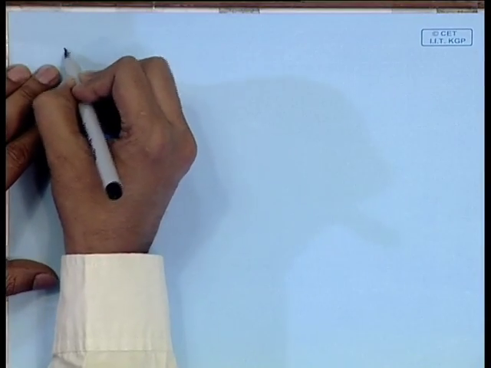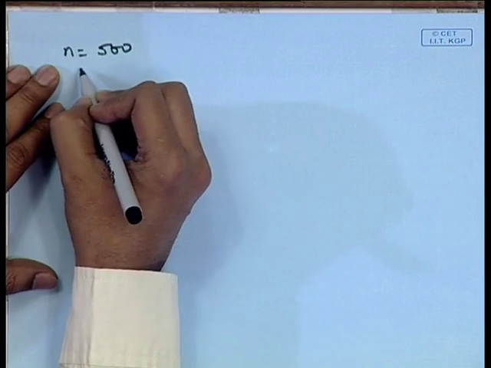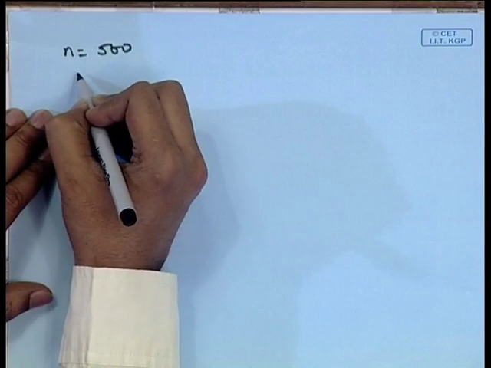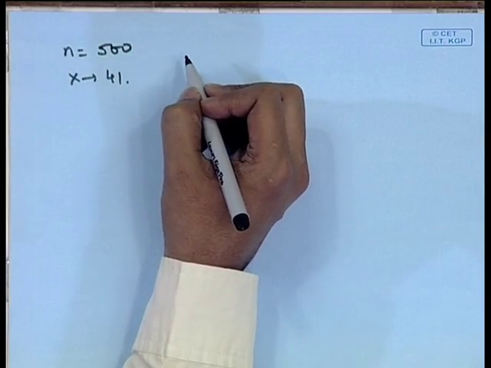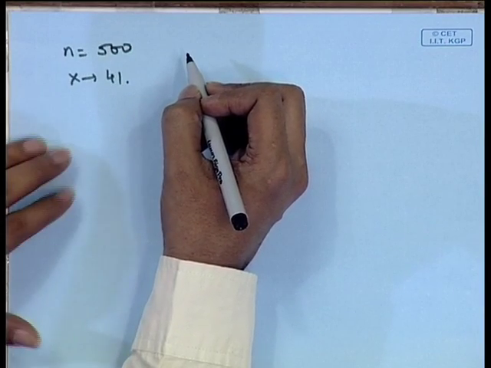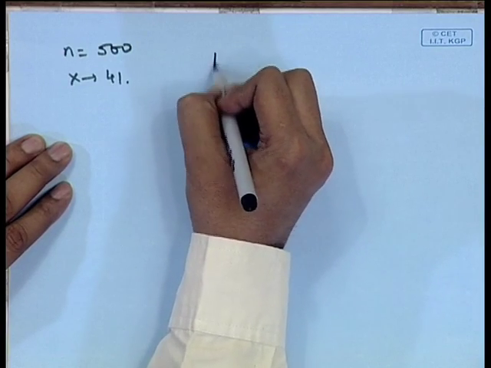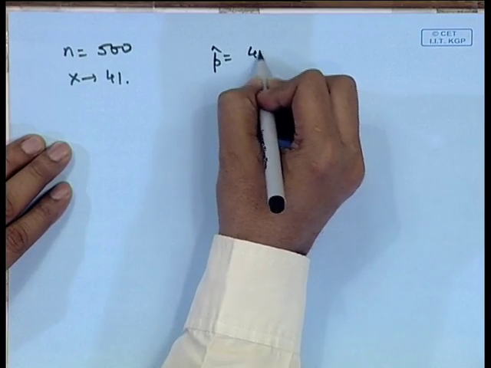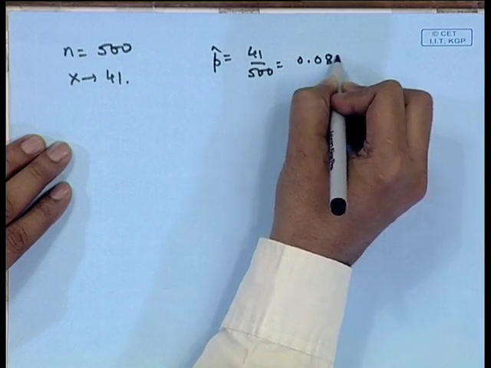Suppose a random sample of 500 customers was considered, and here X is observed to be 41. Let us look at p hat and q hat here. So, p hat turns out to be 41 by 500, that is 0.082.